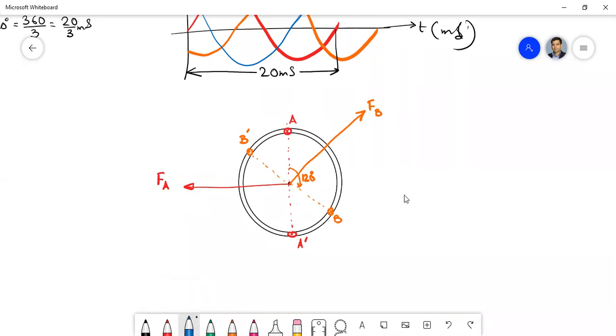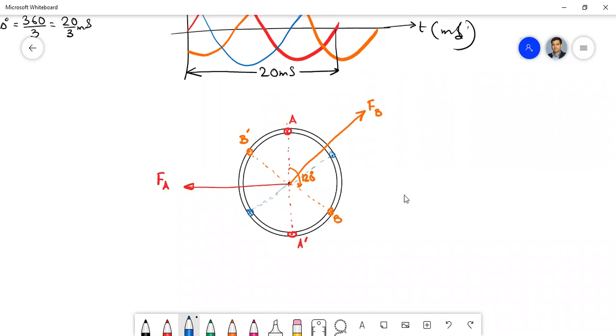And the next coil I will place here, and this will be cross. This will be dot. Now again you have to tell me in which direction the field will be generated.